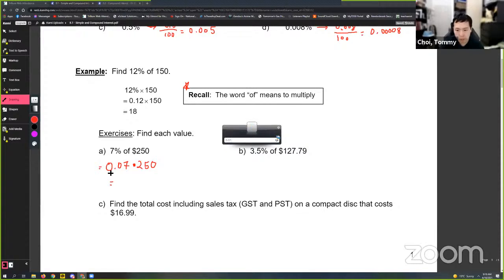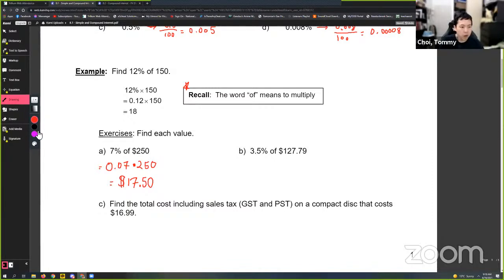So multiplying that on my calculator here, I get $17.50. When you multiply a percentage to a value and it has a unit, that unit stays. So since it was $250, we're talking about dollars still, right? If we're finding a percentage of something, we are working with dollars.